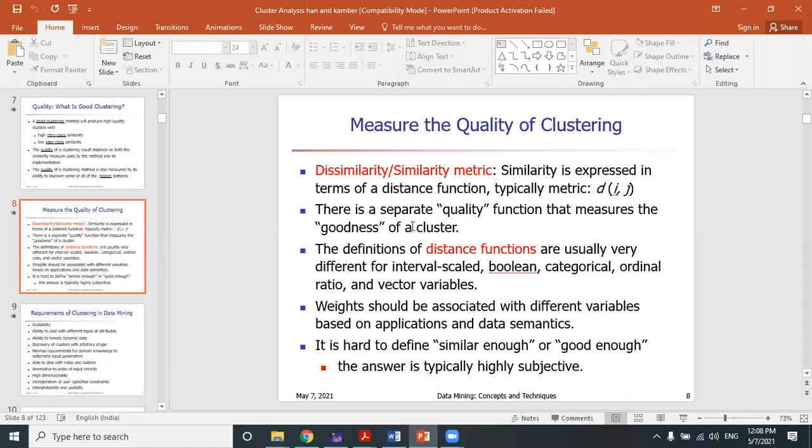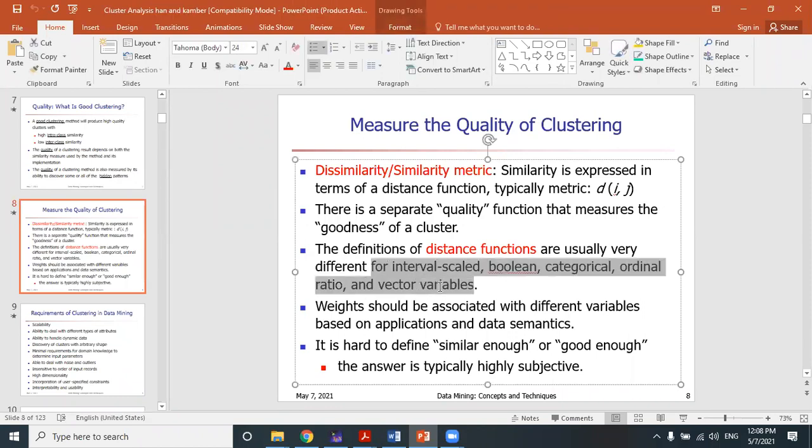Now there is a separate quality function that measures the goodness of a cluster, which I already told you. The definition of a distance function is usually very different for interval-scaled, Boolean, categorical, ordinal, ratio, and vector variables. These are the various types of data on which the clustering process works.